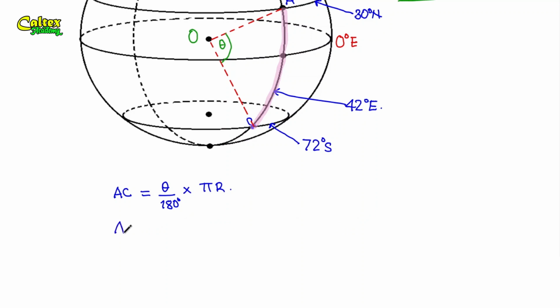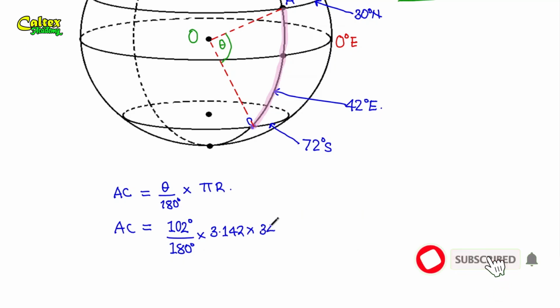Now on substitution, our theta is 102 over 180, and we multiply by the value of pi, that is 3.142, times the radius of the earth in nautical miles, and that is 3,437. So let's get our calculator, insert everything to obtain our answer.